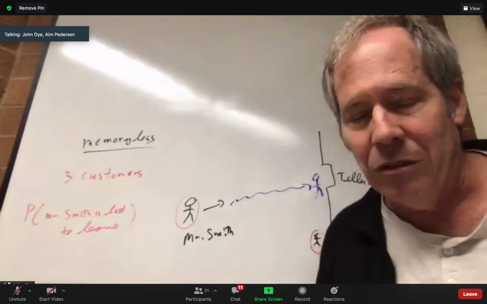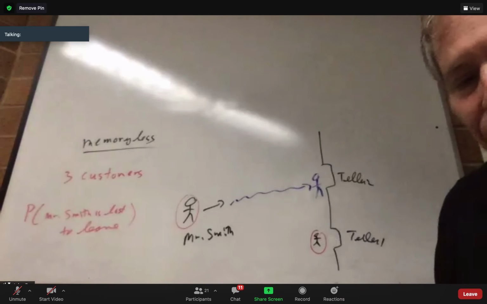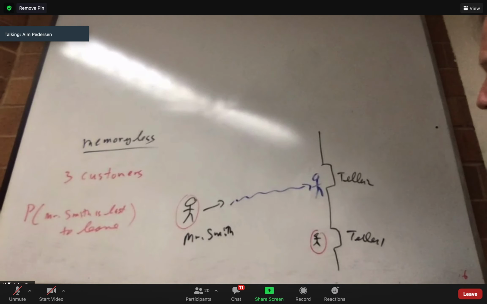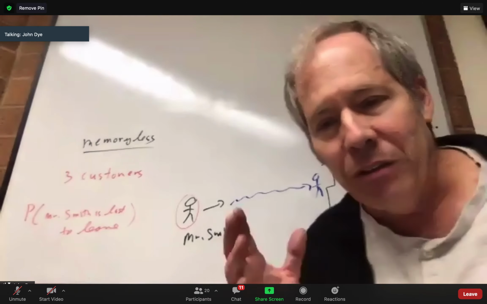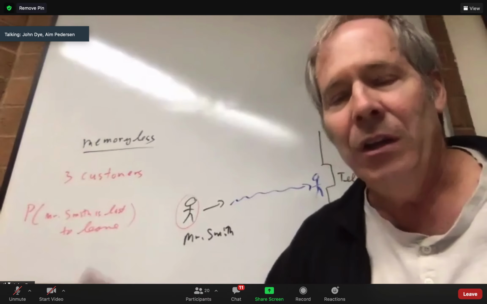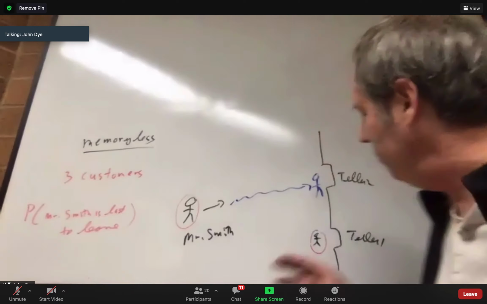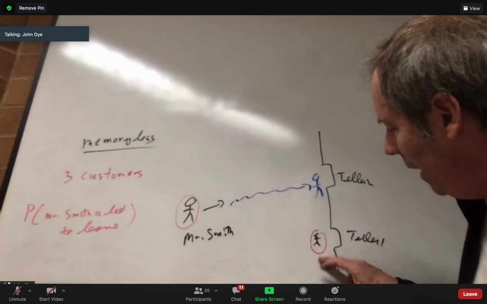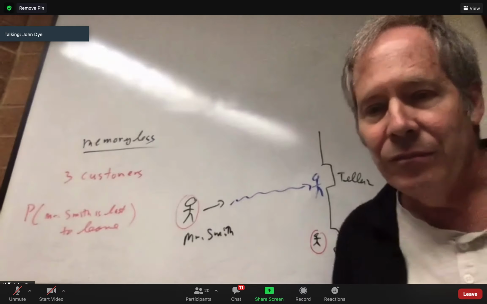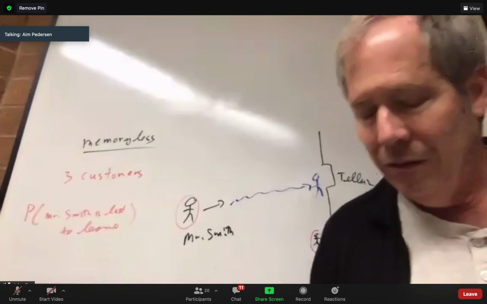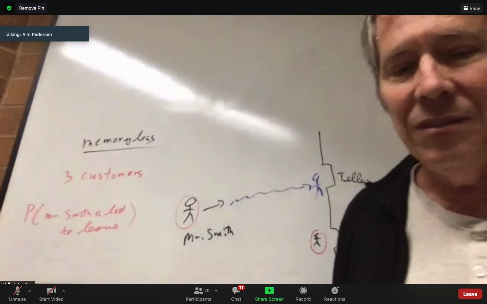Once Smith comes up to the teller, both people have an equally likely chance of leaving because they have the same distribution going forward. The past history doesn't matter.